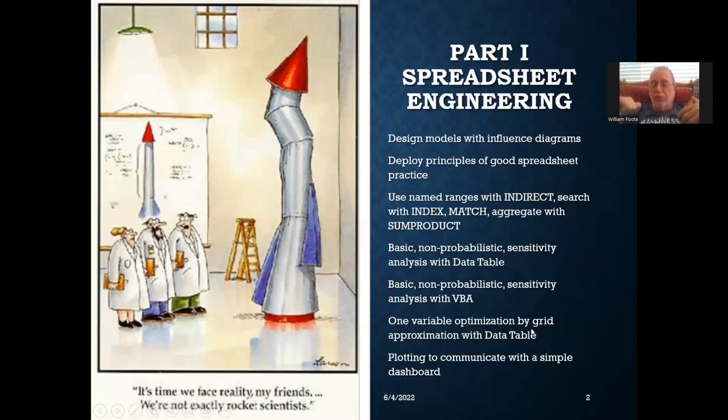We will also later on use VBA, even in this spreadsheet. I'm going to show you a little technique there, which I hope could be very helpful, something to speed the tables along. That's in the book as well. But fundamentally, we're going to do something called grid approximation. That's going to be our basic simulation technique here.